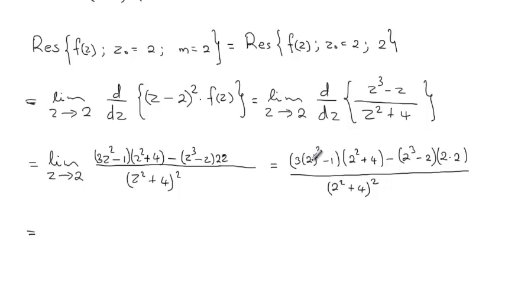Simplifying here, you can see that this is 4 times 3 minus 1, which will give us 11, multiplied by 4 plus 4, which is 8, minus 8 minus 2, which is 6, times 4, all over 8 squared.